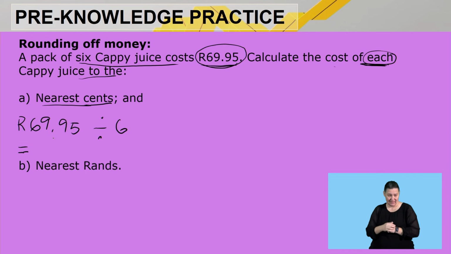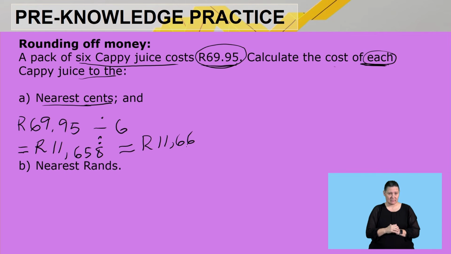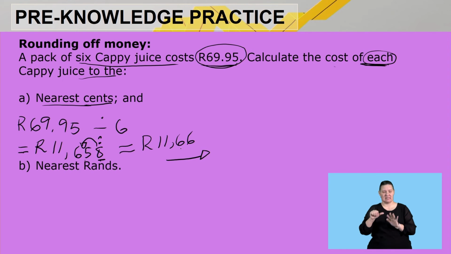So 69 rand 95 divided by 6 will give us 11 rand 65.8 recurring. Rounding this off to the nearest cent, it's going to be 11 rand 66 cents, because the value just after our 5 is more than 5, it is 8, so we add a 1 to the left so that it makes 66. So it's 11 rand 66 cents.